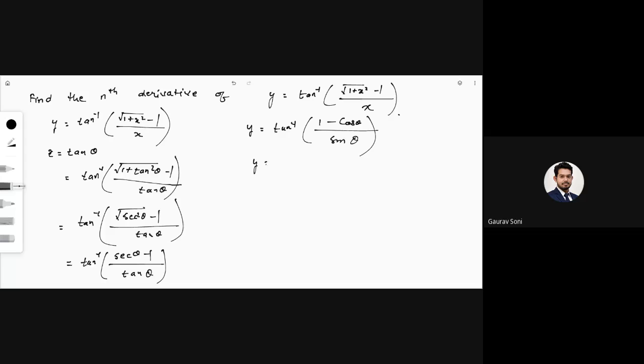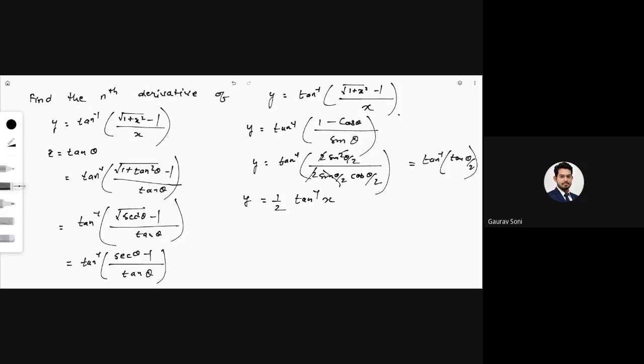So y is equal to tan inverse of 1 minus cos theta is equal to 2 sine square theta by 2, sine theta is equal to 2 sine theta by 2 cos theta by 2. So 2 will get cancelled out, sine will get cancelled out. And what we have is tan inverse of tan theta by 2. So what we have got is y is equal to 1 by 2 theta. Theta is nothing but tan inverse of x.